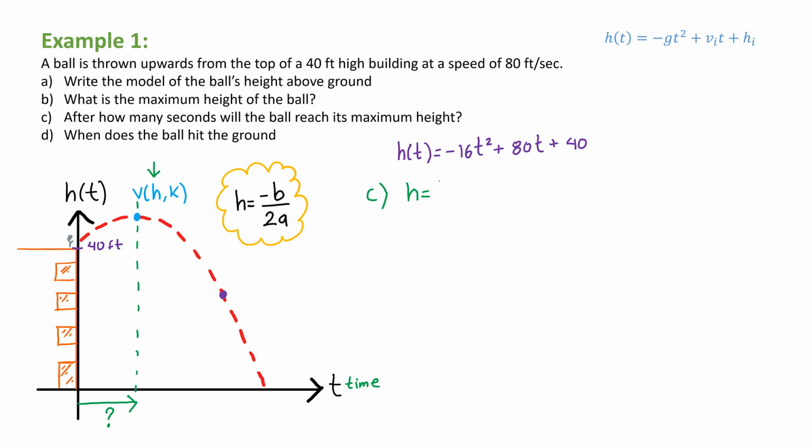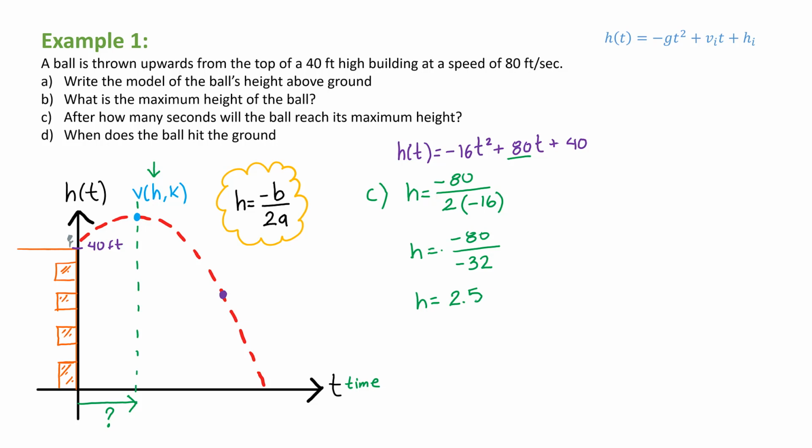H equals minus b, b is 80, over 2 times a, which is minus 16. So h equals minus 80 over 2 times minus 16, which is minus 32. And minus 80 over minus 32 is 2.5.